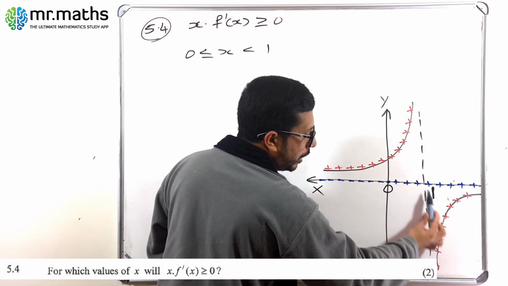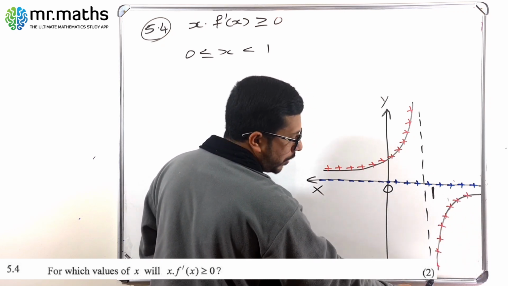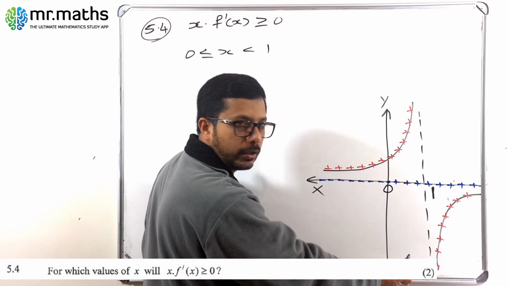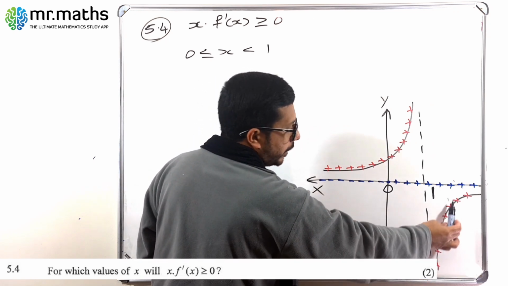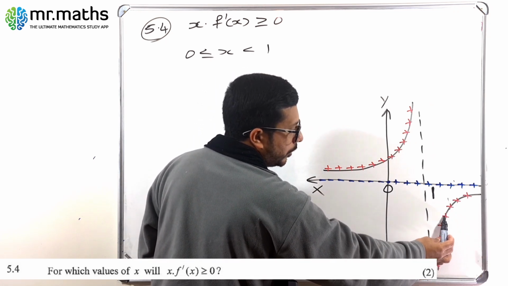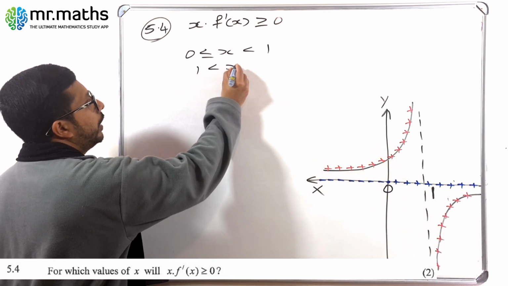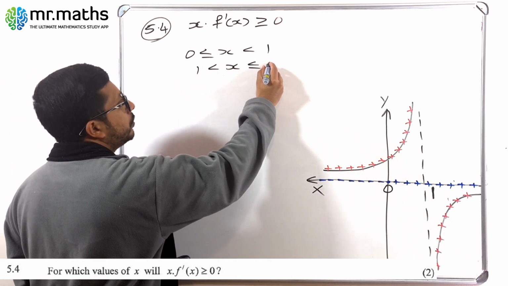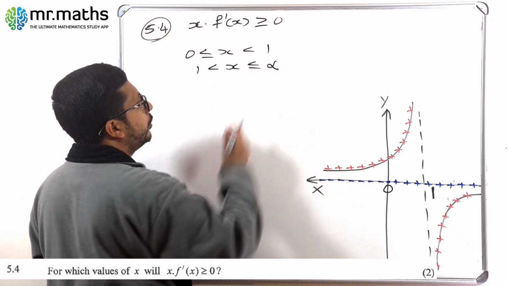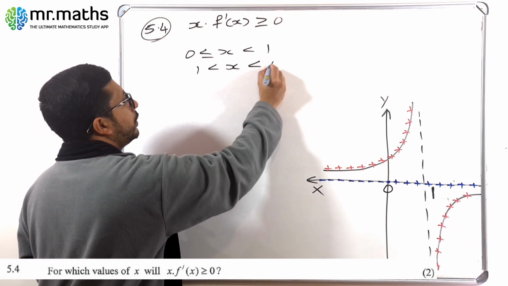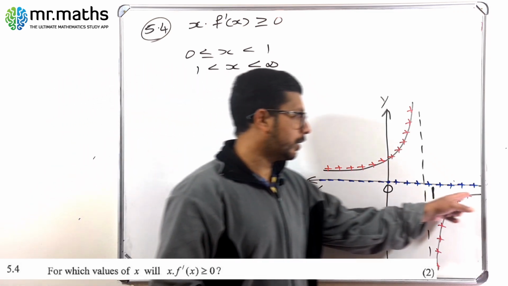Here also, on 1, what is happening? There is no graph, so there is nothing there. Then after 1, here positive, here also positive. That means 1 less than x less than infinity.